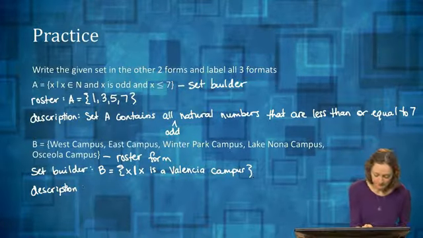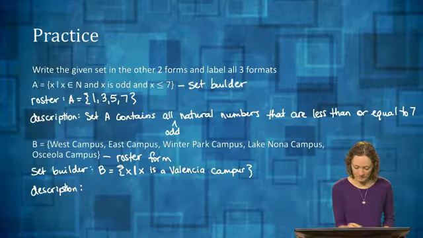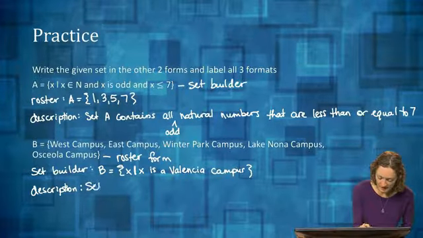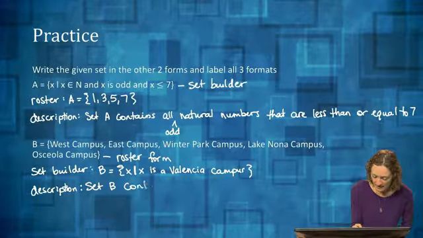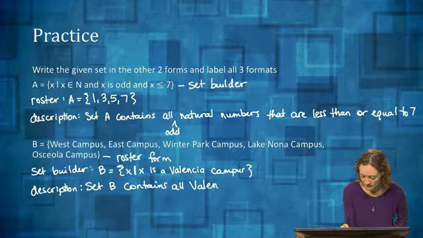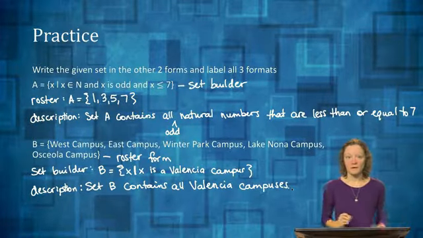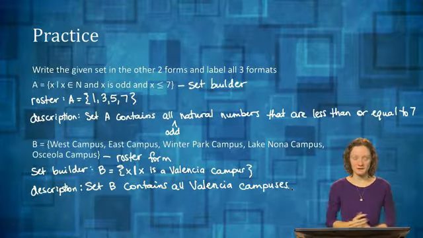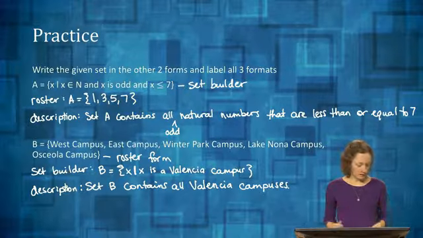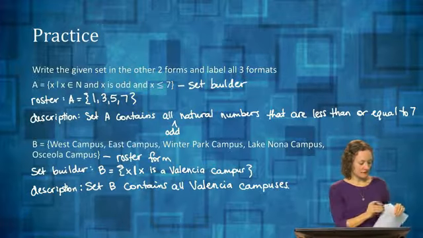And then a description, again, can be a direct translation of this, or it doesn't have to be. You can simply say set B contains all Valencia campuses. And that works. Could be the direct translation or not, doesn't matter. Description is just, like it says, a description.